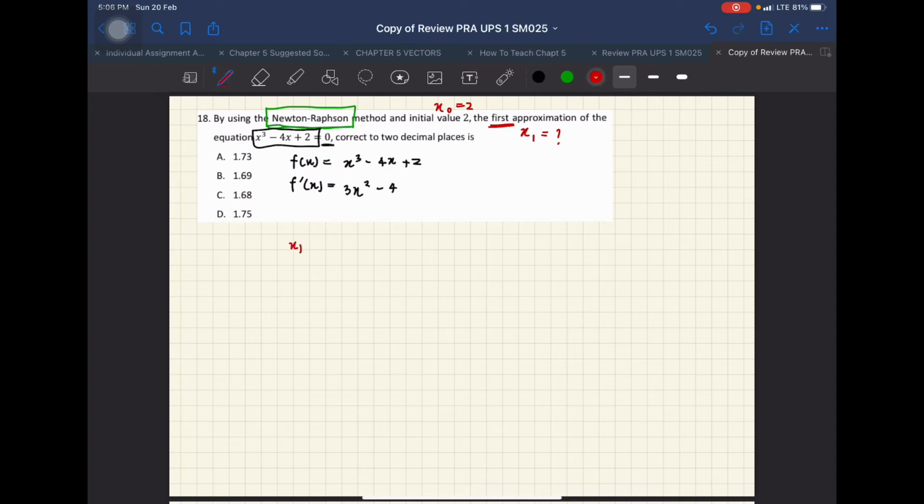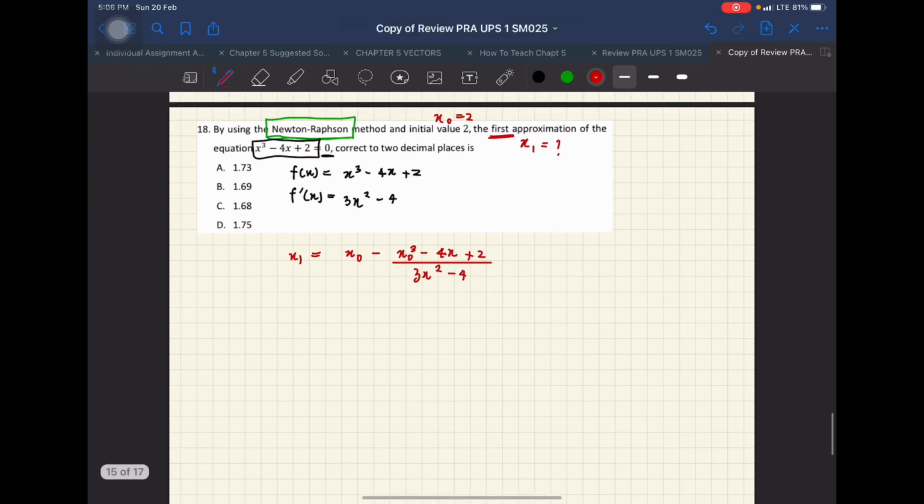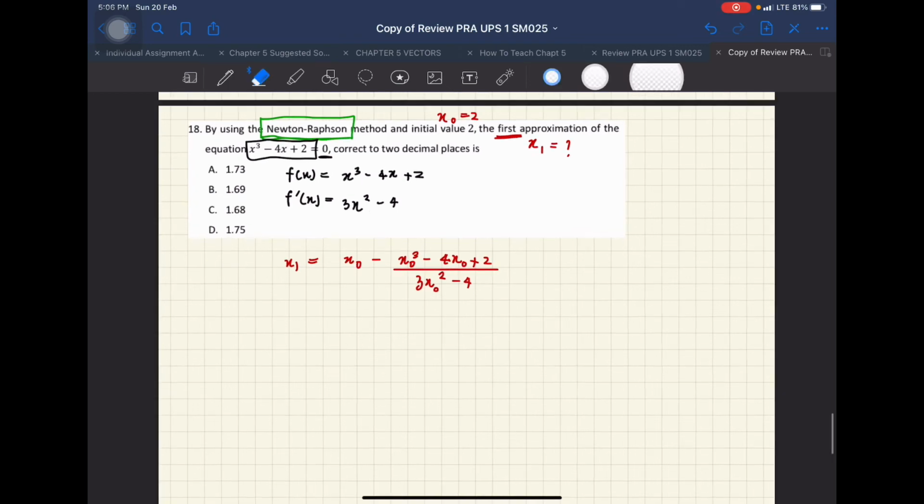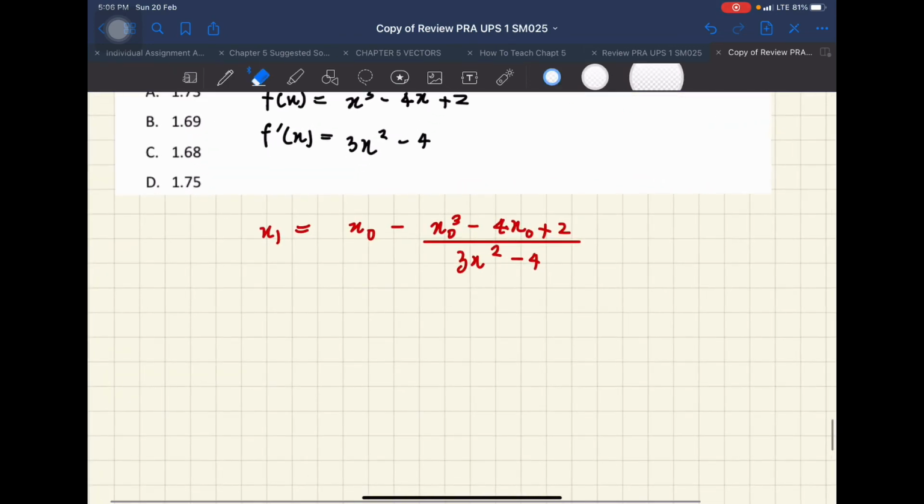Okay, so dia nak kita cari x1. So x1 is equal to x0 minus x cubed minus 4x plus 2 over 3x squared minus 4. This is actually x0. This is x0. This is x0. Okay, sebab dia nak minta kita cari the first approximation sahaja. Okay, kebiasaannya kita akan tulis macam ni. Kejap saya padam.